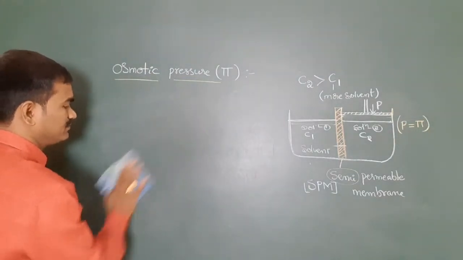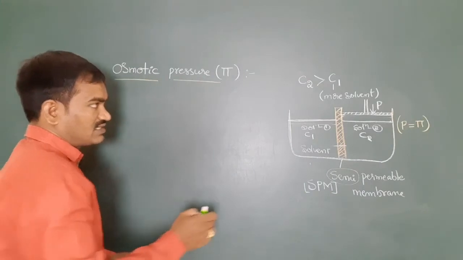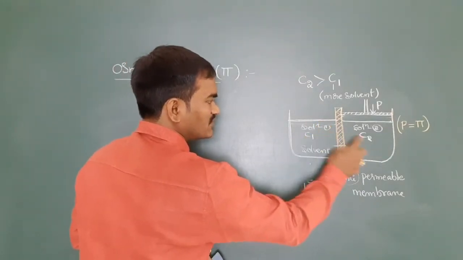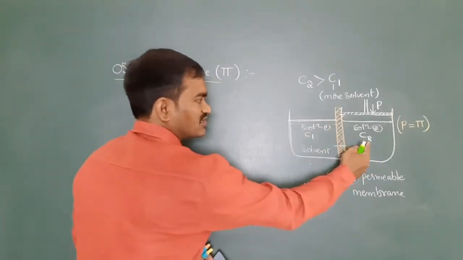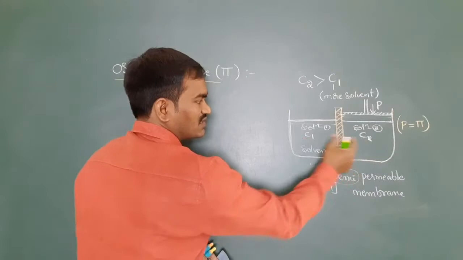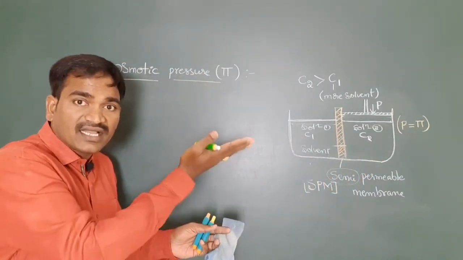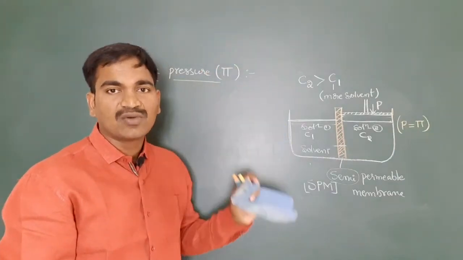Here you see, a very important point. If the concentration of solution, these two concentrations you have to take, solution 1, solution 2. If the solution 2 concentration increases, osmotic pressure also increases. How, sir?